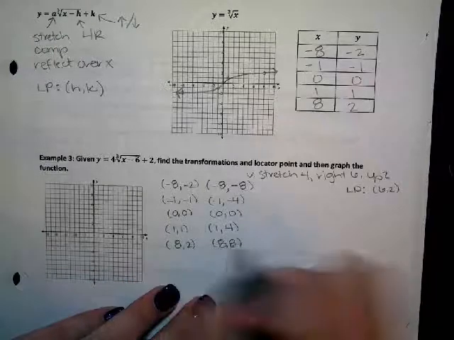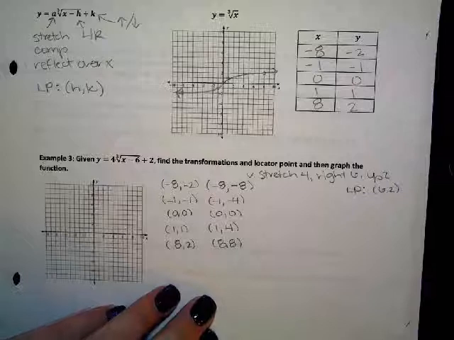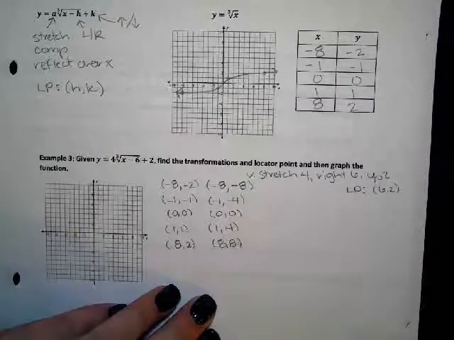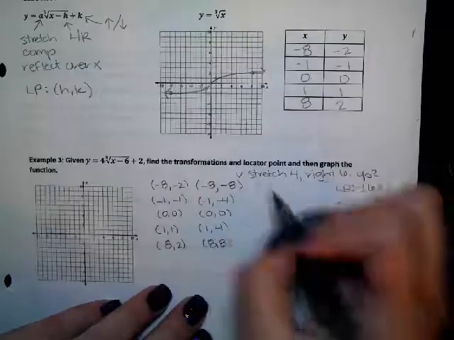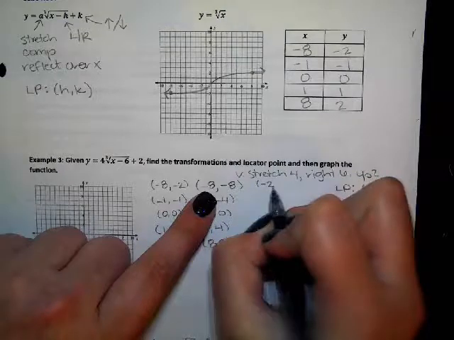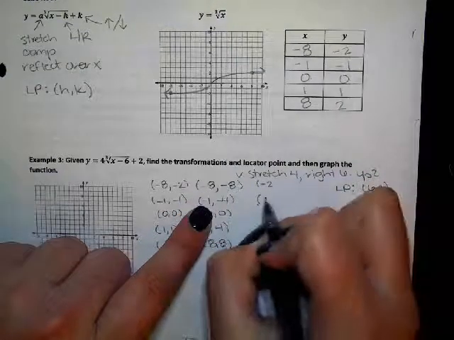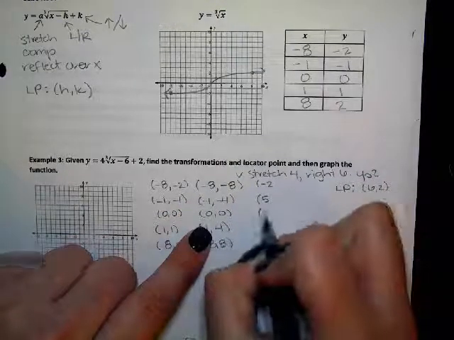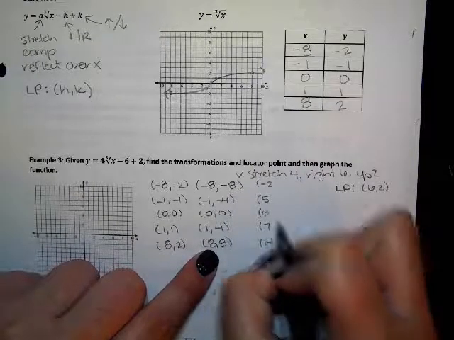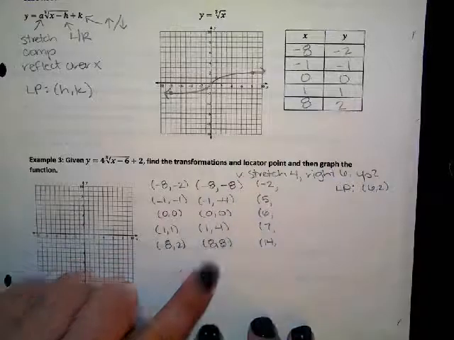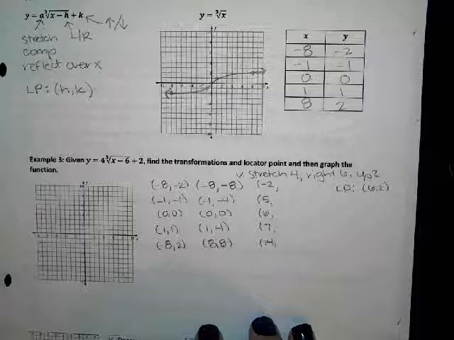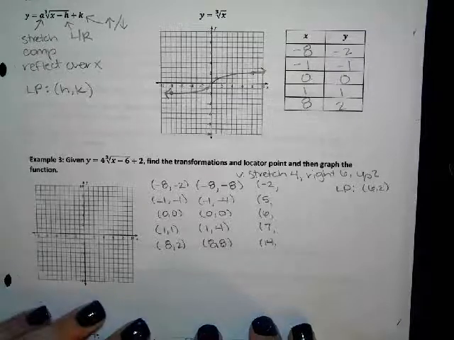All right. So we got the vertical stretch by 4. Go ahead and do the right 6 and the up 2. Right 6. Miss Rice didn't even leave us enough space on the graph. Up 2.